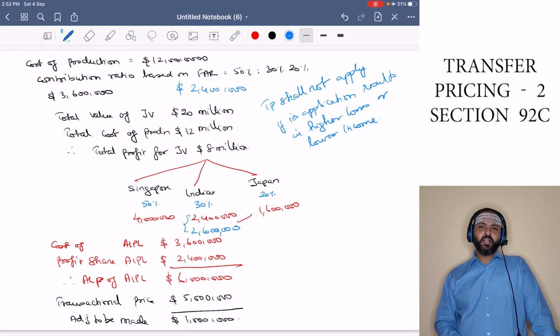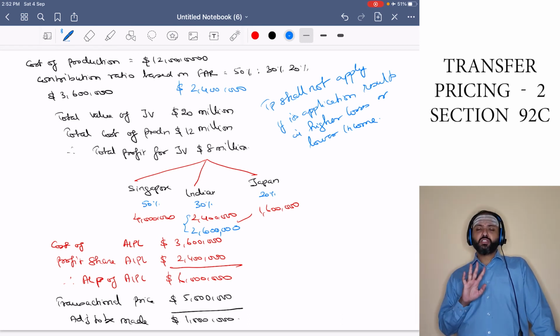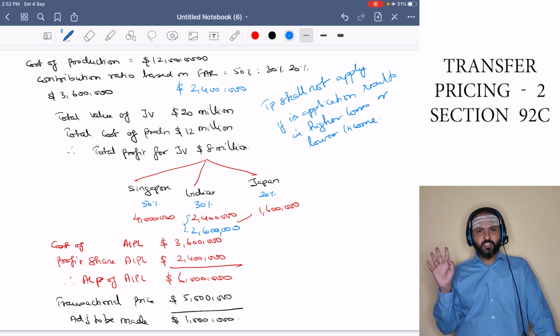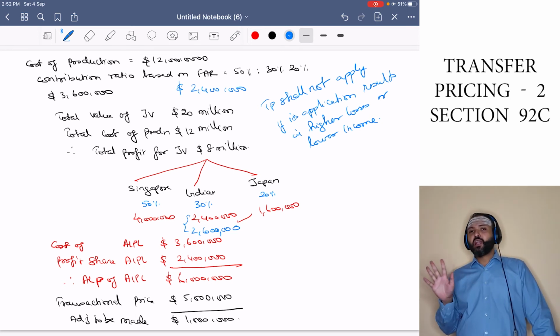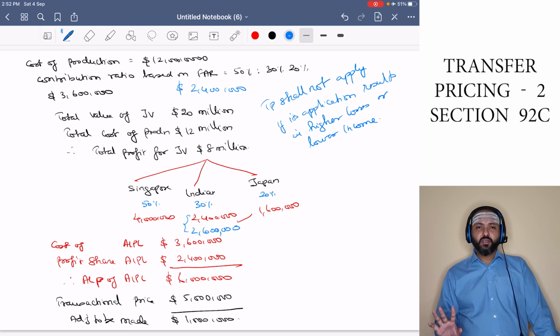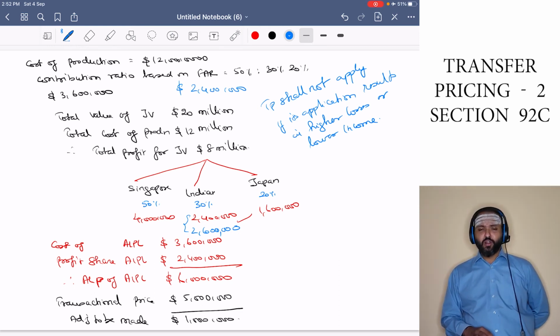Not only this method, for any other method for that matter, if transaction price is greater than arm's length price, you will just stop applying the provisions of transfer pricing because your interest is already being protected. You don't have to go and do anything and spoil it. Okay, so this is the conclusion of the fourth method, namely the profit split method.